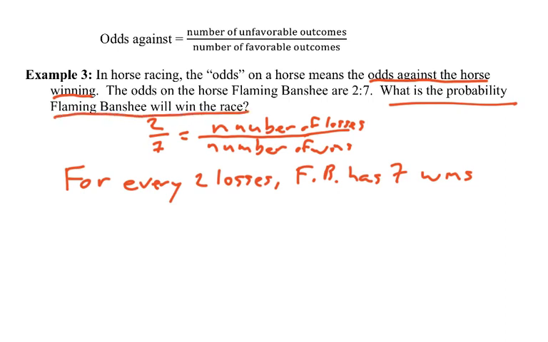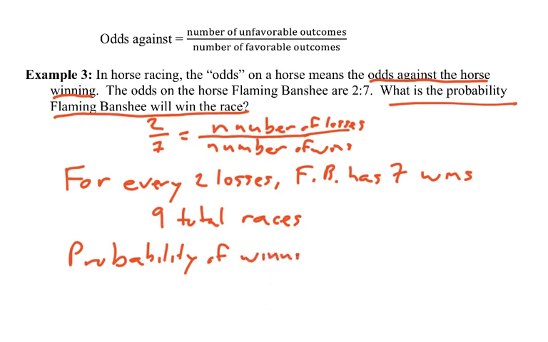Well, if for every 2 losses, Flaming Banshee has 7 wins, how many races does that mean altogether? 9. 2 losses, 7 wins, 9 total races. Flaming Banshee, we believe, would win 7 of them, so the probability of winning would be the 7 wins over the 9 total races.